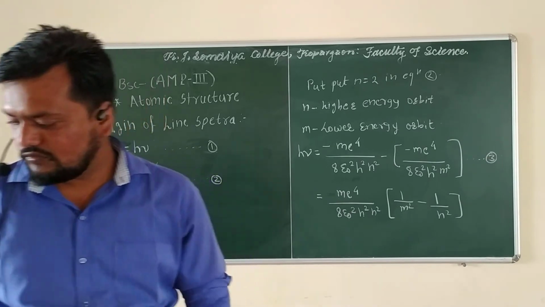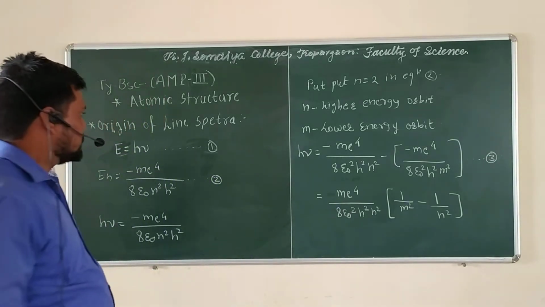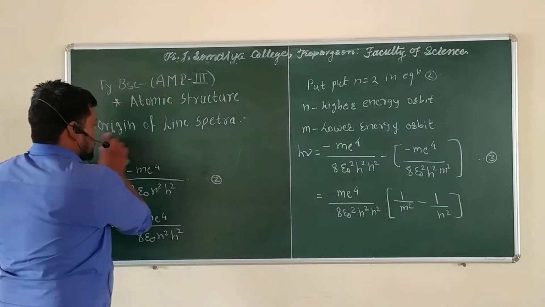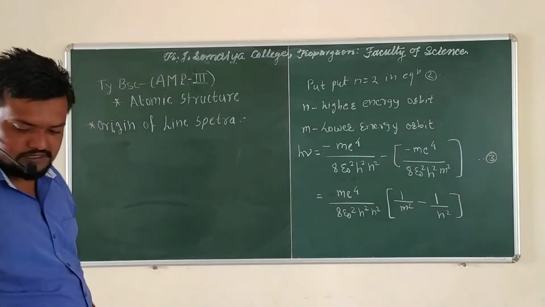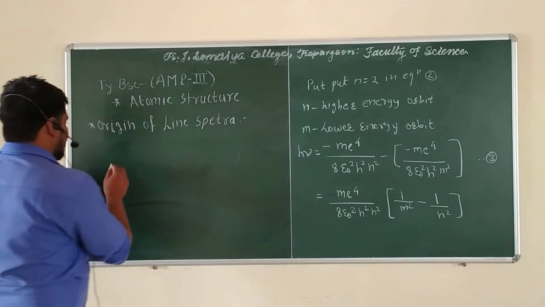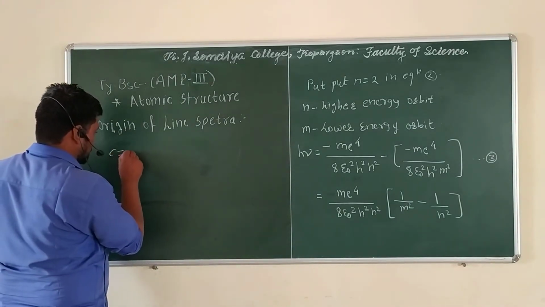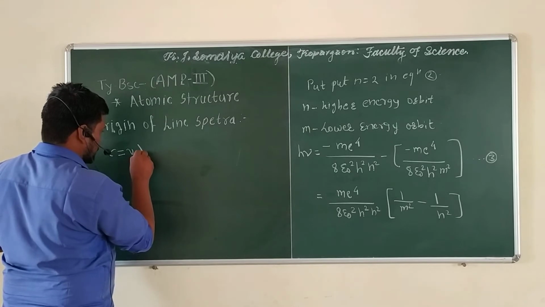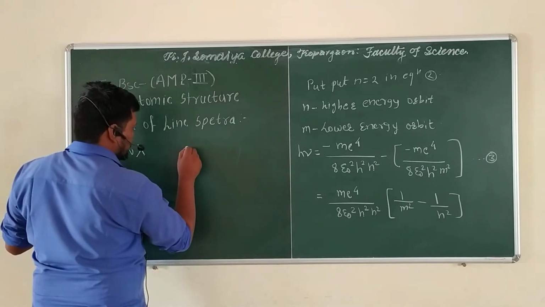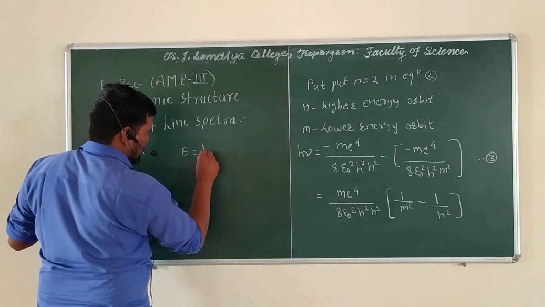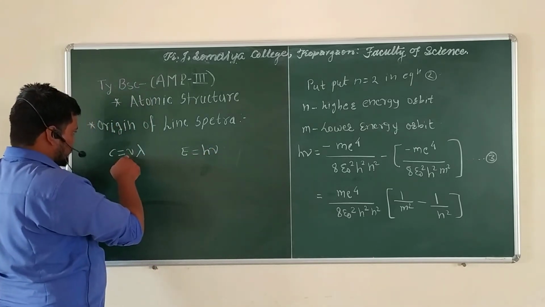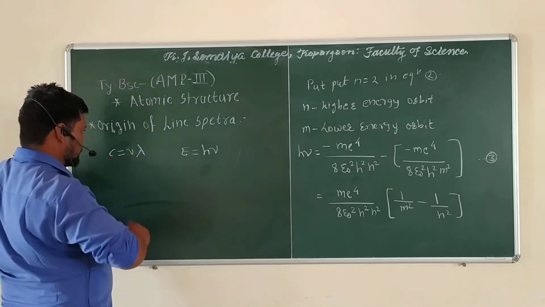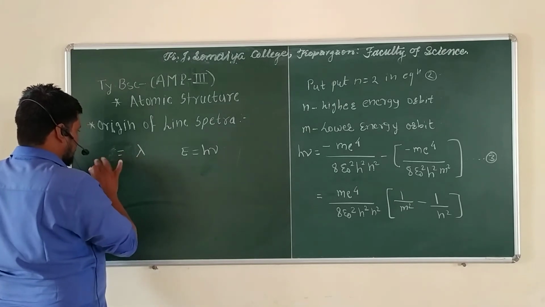Now we want to see the relation between h, nu, lambda and c. So what do we mean by c? c is equal to nu into lambda, and you know that E is equal to h into nu.